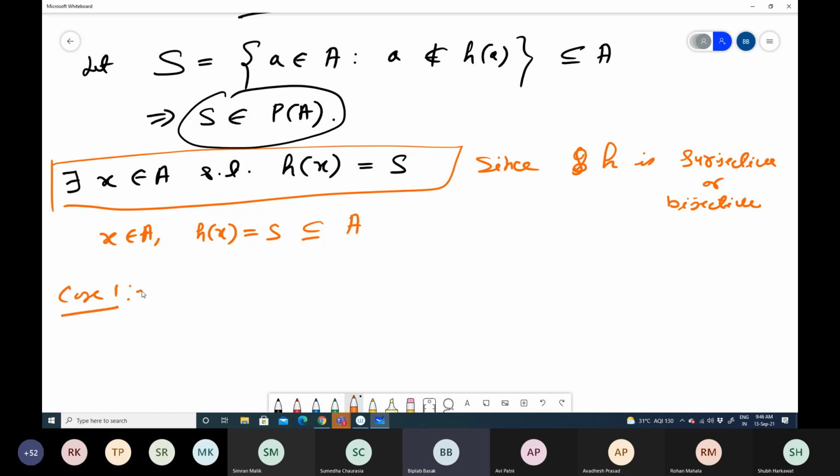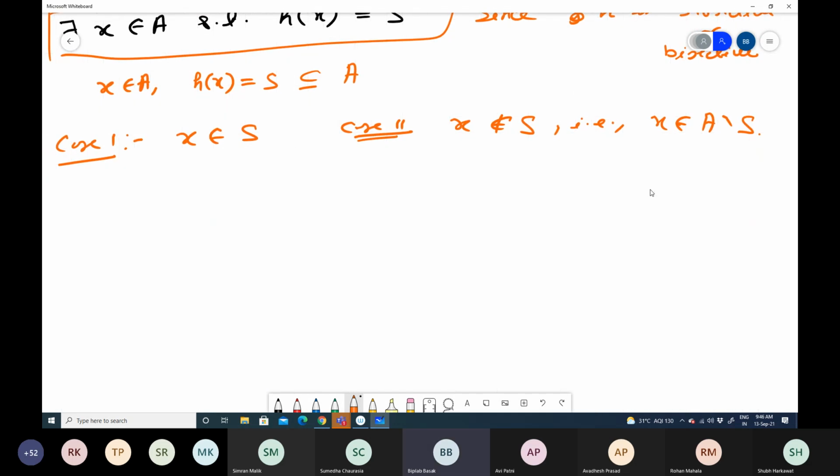Case one, x is in S, and case two, x not in S, that is x belongs to A minus S. In each possibility, we will get a contradiction.